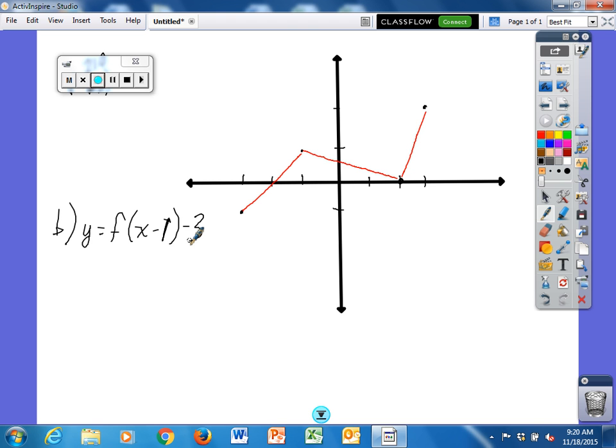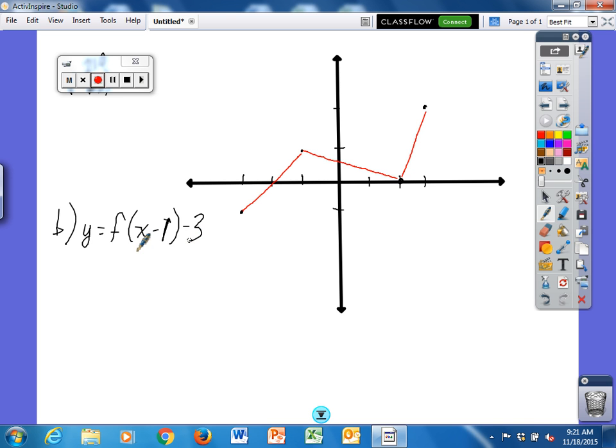All right, so when we worked with the graphs the other day, the whole point was for you to figure out that if you do something just to x before you actually apply any sort of function operations, that has a horizontal slide effect.